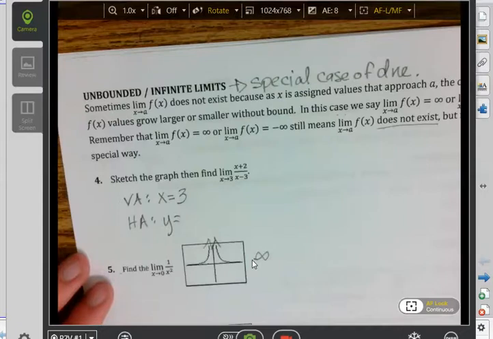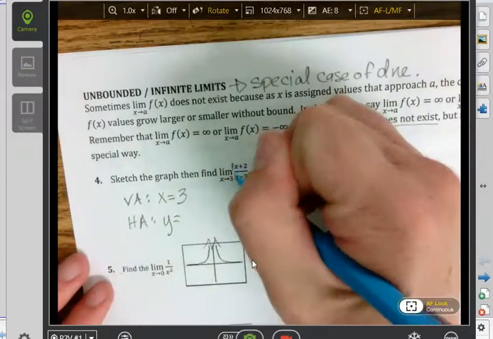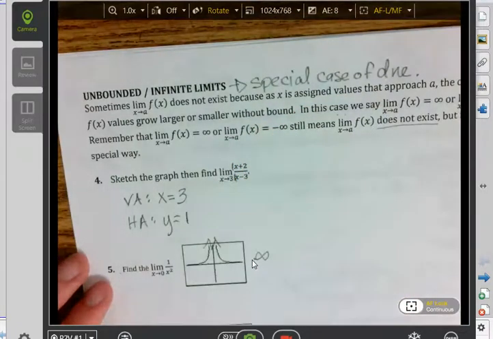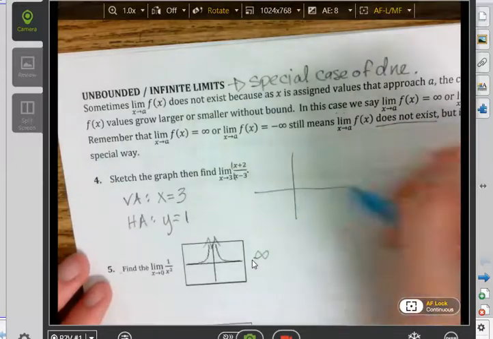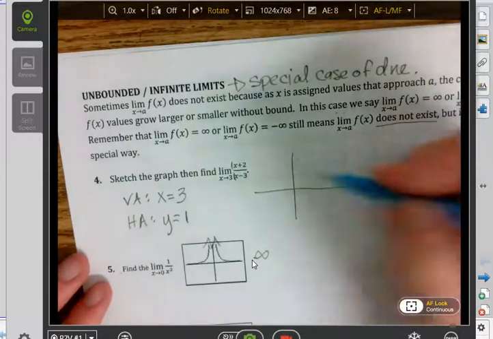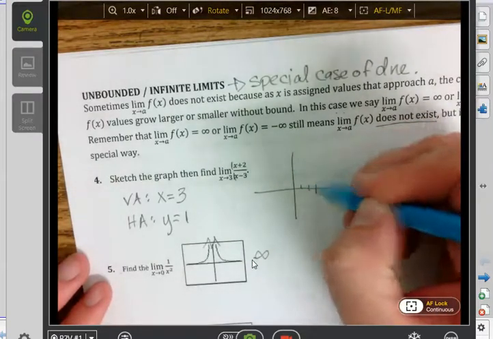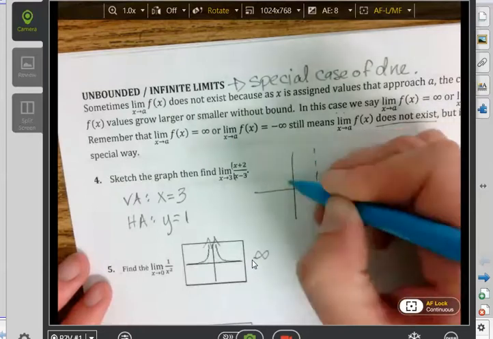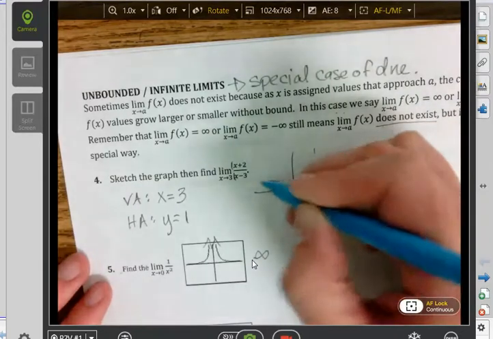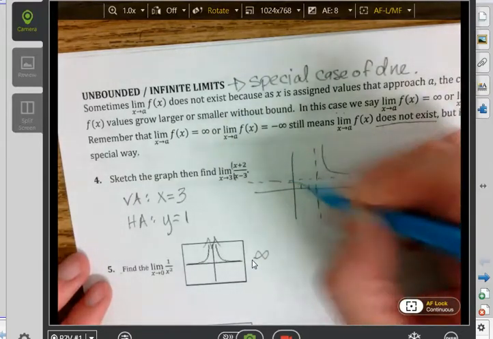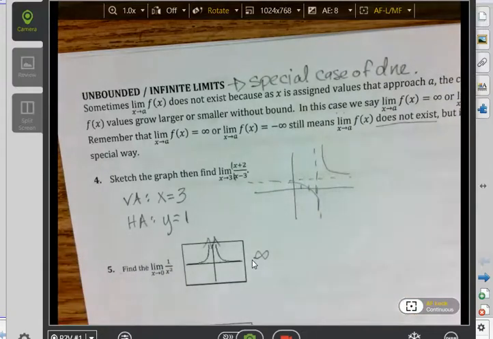The coefficient, so 1 over 1. So you have y equals 1. And you're going to have an up branch and a down branch. So let's see. Okay, so just a quick sketch without any numbers I have here and here.